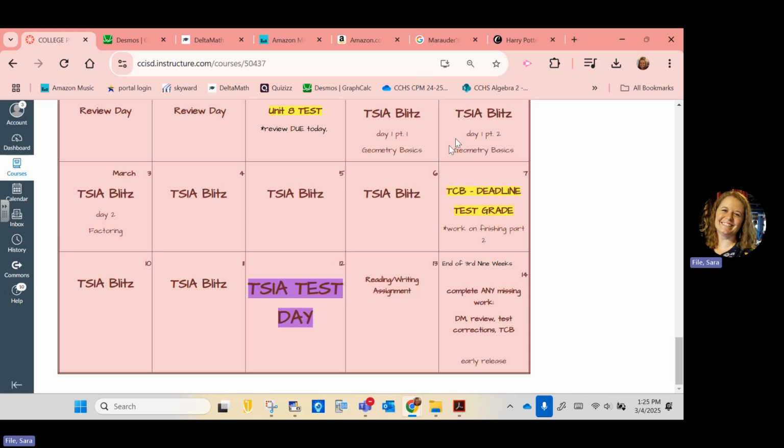I'm going to pass back the ones that I got and graded and entered. If you don't get one back, you never turned it in. You can check Skyward and you'll have a 0 in there for that right now. So check your Skyward, see if there's anything that you're missing and need to do, and be working on your TSIA blitz practice.